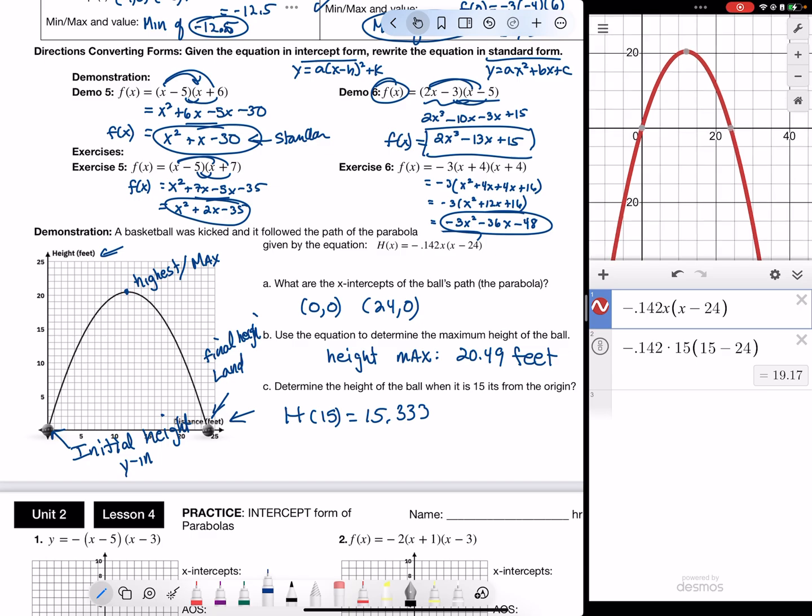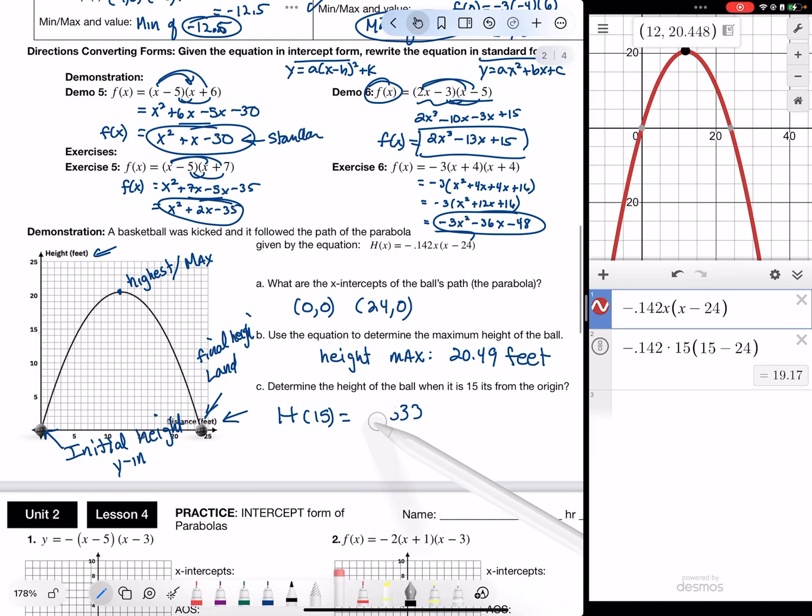I should be looking at 15 for my x value. Sorry. My bad. I stopped there. 15. So there you go. 19.17. There we go. So let's correct that to 19.17.